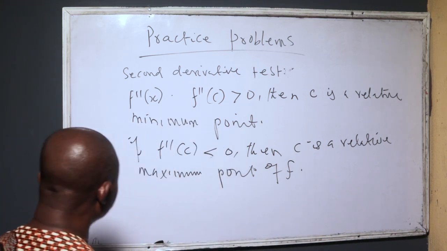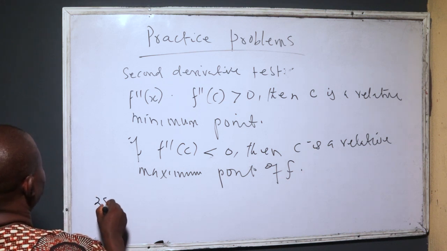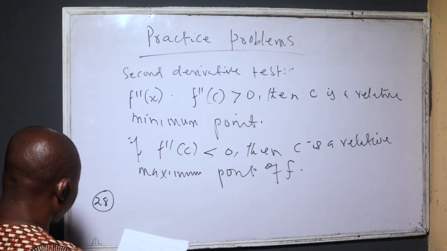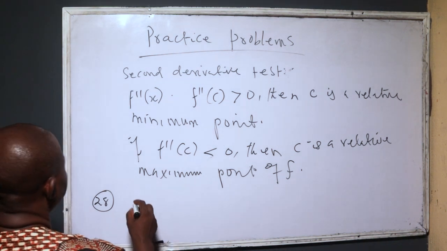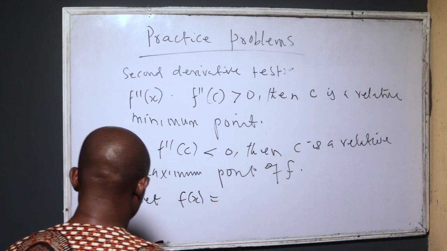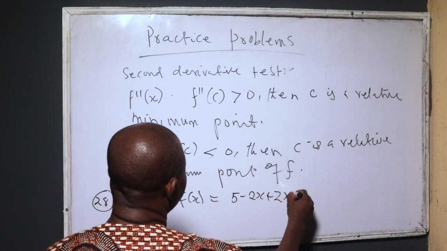Now, here comes a practice problem. So this is 28. I hope I'm right in the counting. Okay, so I take f at x, let it be 5 minus 2x plus 2x squared.